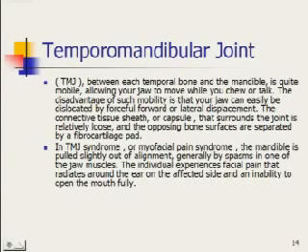The connective tissue sheet, or the capsule that surrounds the joint, is relatively loose, and the opposing bone surfaces are separated by a fibrocartilage pad. Now, there is a particular syndrome referred to as TMJ, or temporomandibular joint syndrome, which is associated with significant myofascial pain.